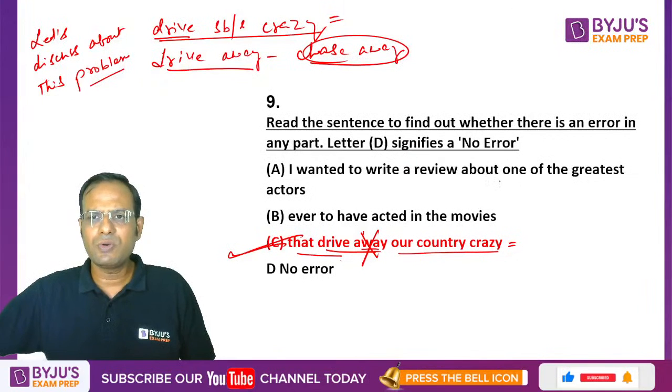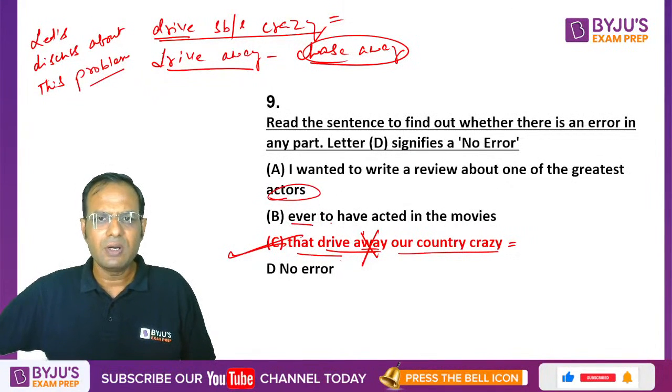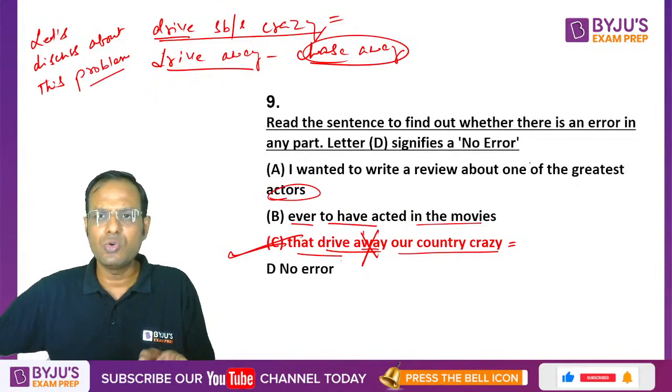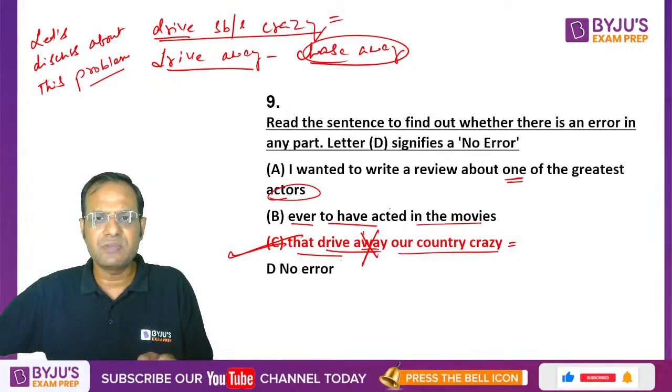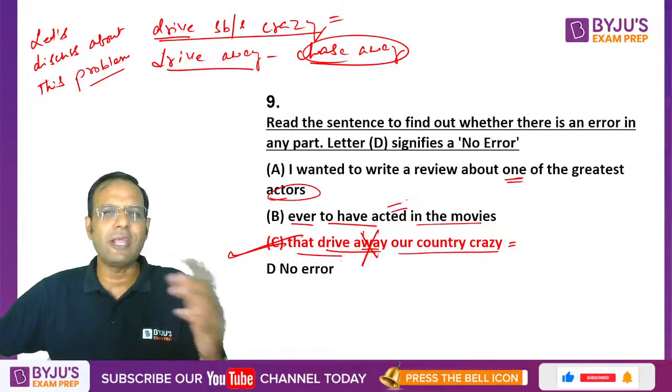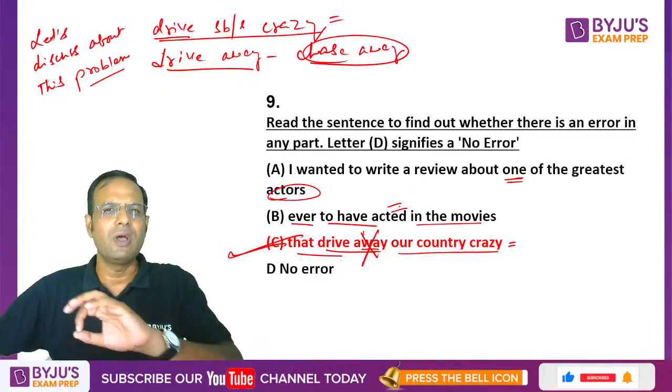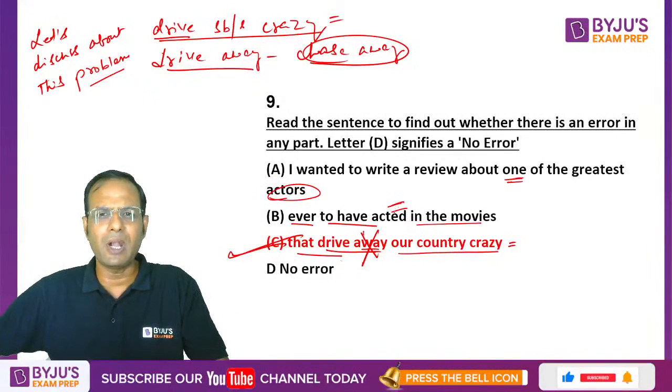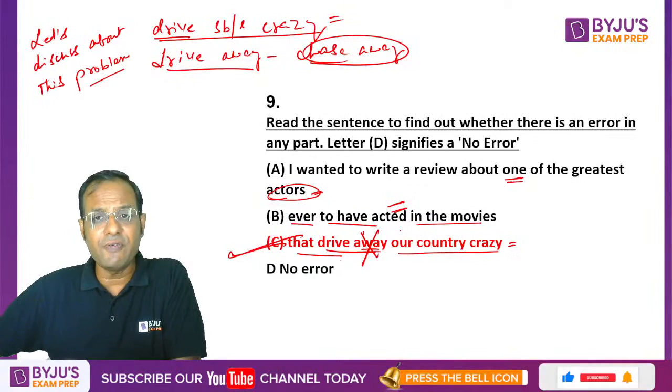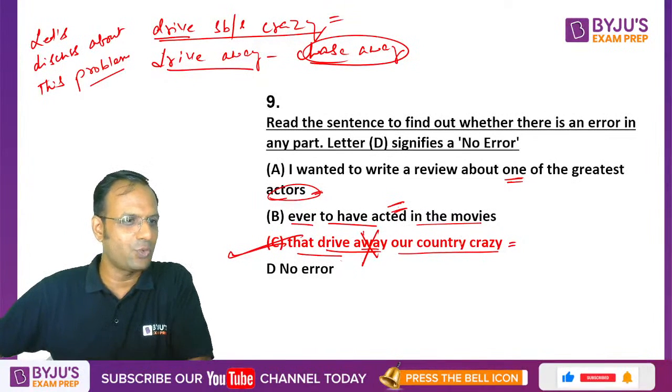I'm talking about one of the greatest actors, right, ever to have acted in the movies. He's actually referring to one actor that has made people crazy; people are big fans of this actor, and this actor has driven the country crazy. This is what it means.